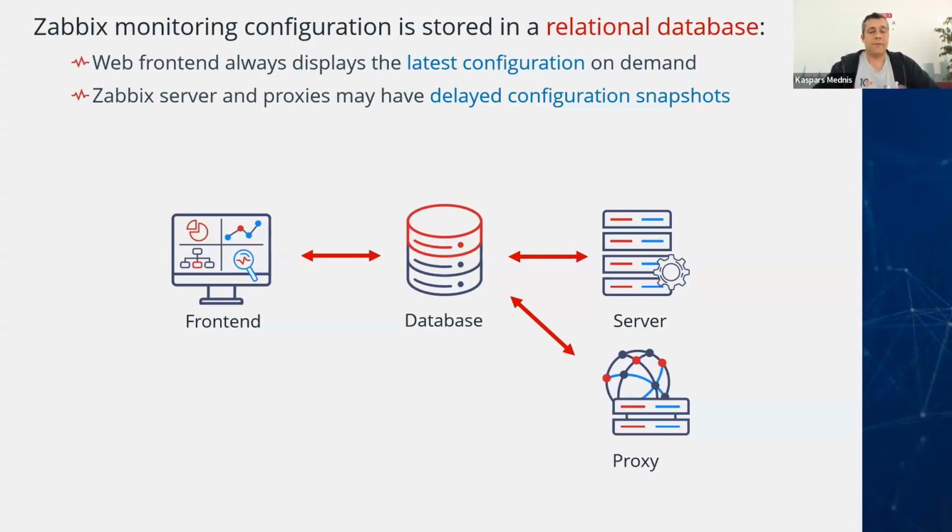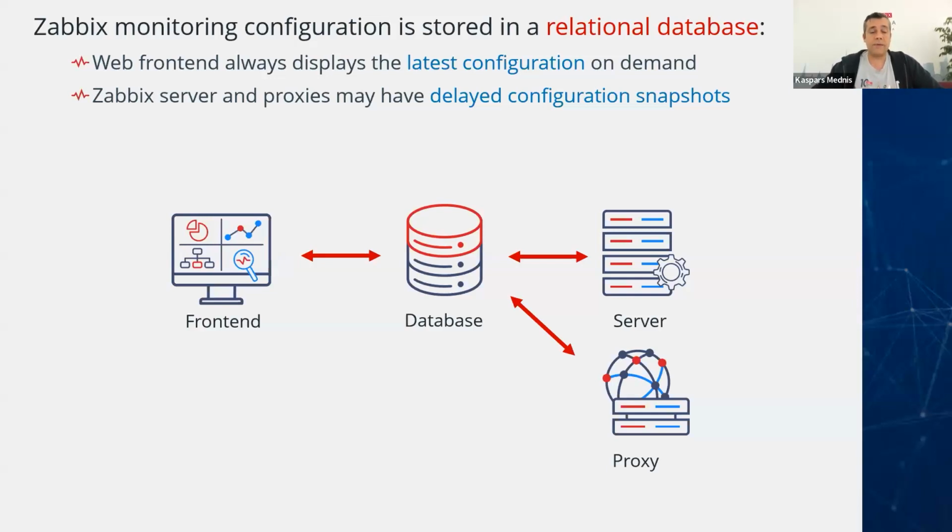So we have a front end, and in the front end you will modify the configuration, and when you press the update button, you will write the configuration into the database, and then the Zabbix server and Zabbix proxy will synchronize this configuration with themselves.